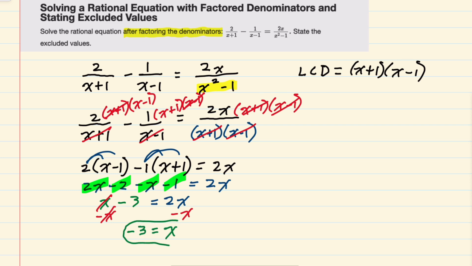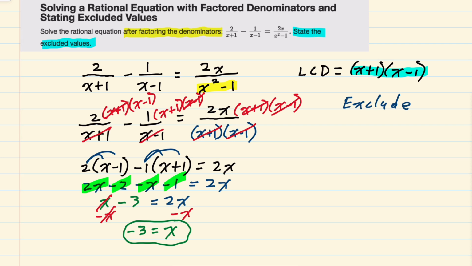So we have solved for x, but we were also asked to state the excluded values. The excluded values come from the fact that the denominator cannot be 0, which means that this lowest common denominator cannot be 0.